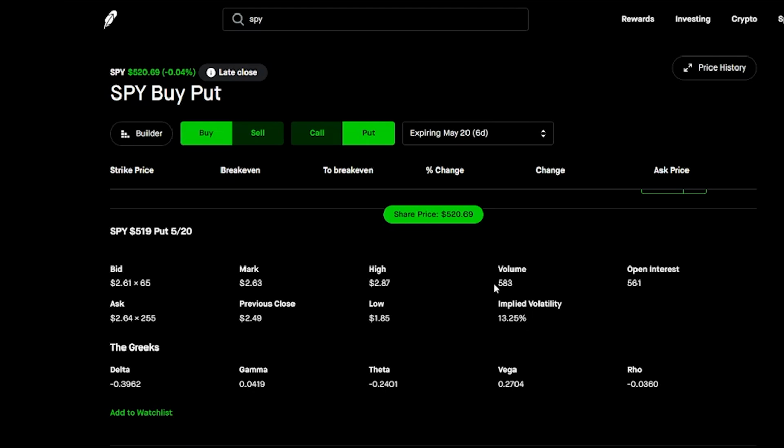I'm doing this at 12 midnight. The delta is 39, not the best, but I could work with it. And the theta is 24. So this is decent too. This expires on May 20th. So like I said, you do have some time. And if you purchase this, this would be considered a swing trade versus a day trade.